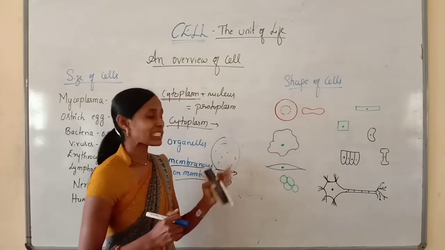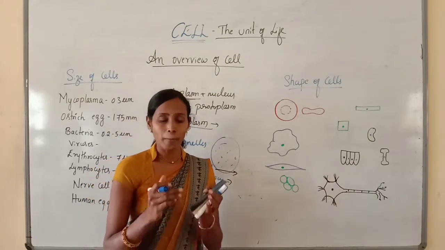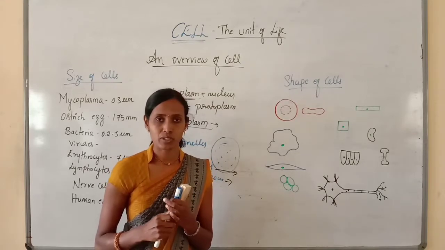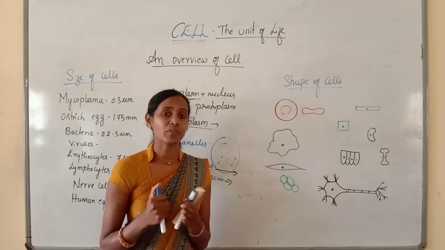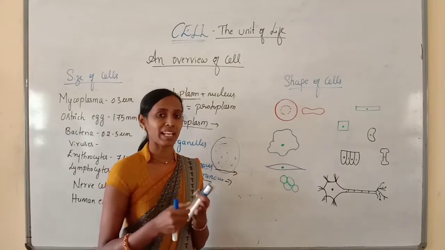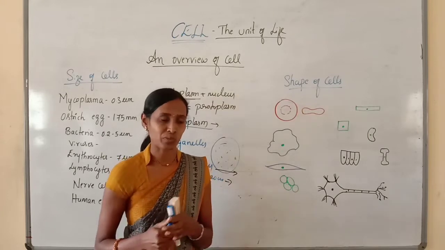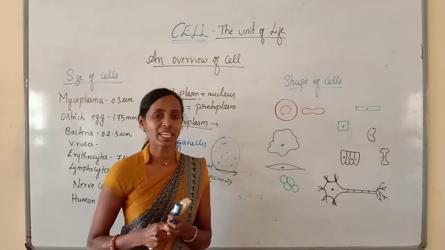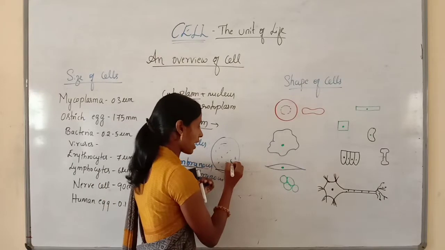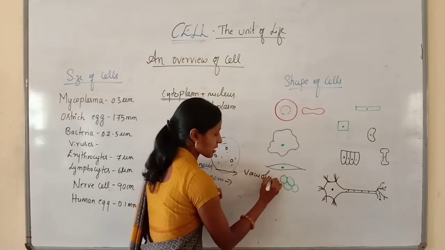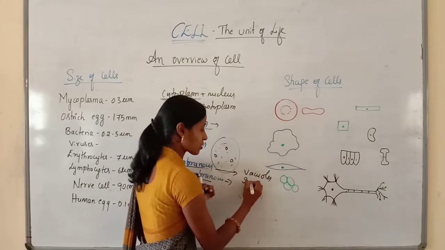And even the cytoplasm encloses many non-living inclusions. We cannot consider them as living, like a cell. So we generally call them non-living inclusions, like vacuoles and reserve food material.